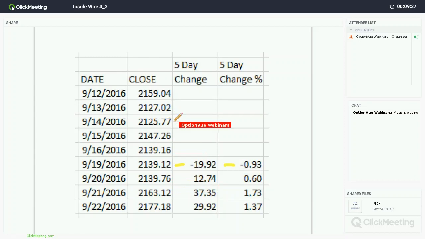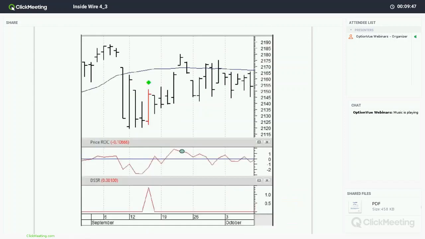You take the close 5 days ago to the close today, and then you back into that 5-day change, and then I'm just converting it to a percentage. And that's what we have down here on the 22nd. It's at 1.37. Again, you can see 1.37 here, and that corresponds accordingly there.